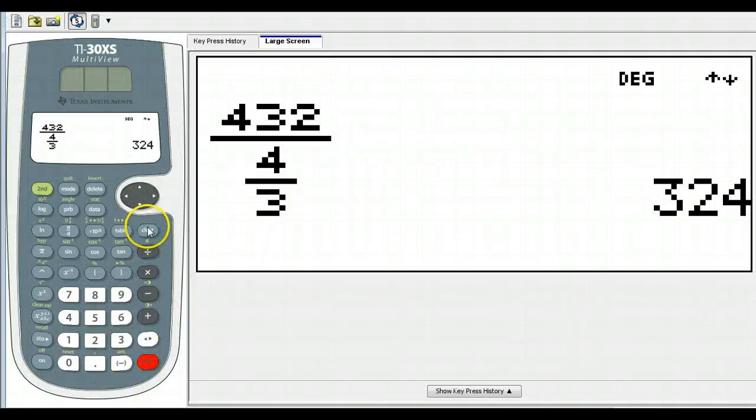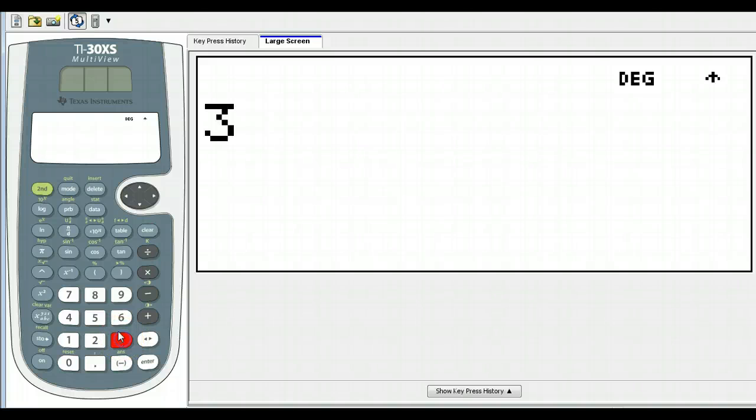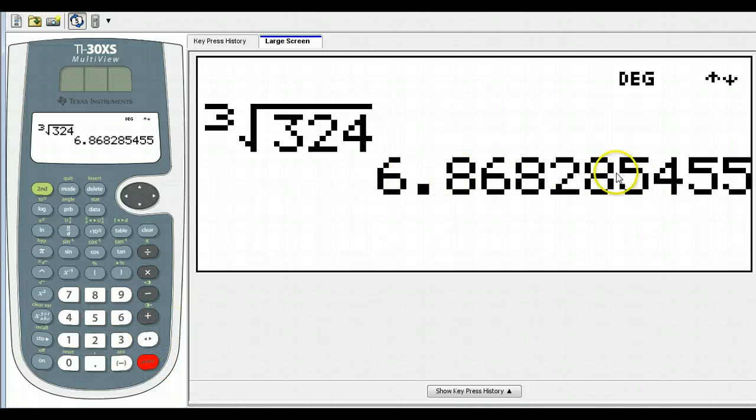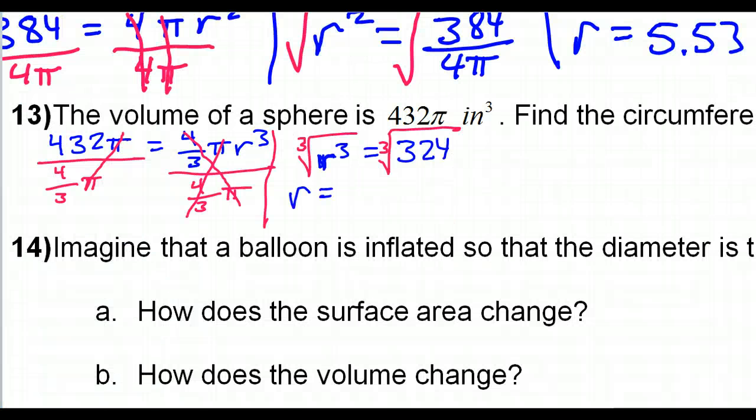On the TI-30 XS Multiview, if you want to do the cube root, you have to type the number 3 first. If you look above the caret button, see how it says x and then a root? That means any root, whatever root you start with. So if I hit 2nd caret right now, this will become cube root, and I need it of 324. That turns out to be 6.87. So that's my radius.